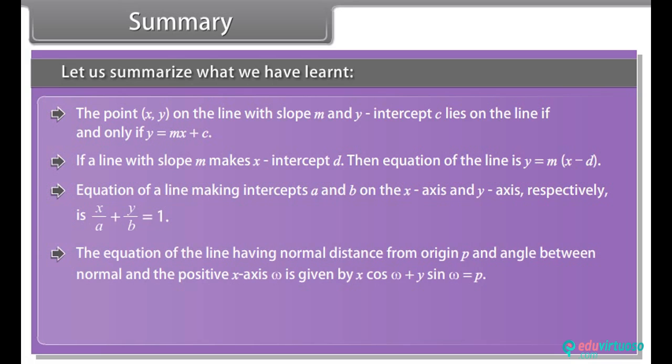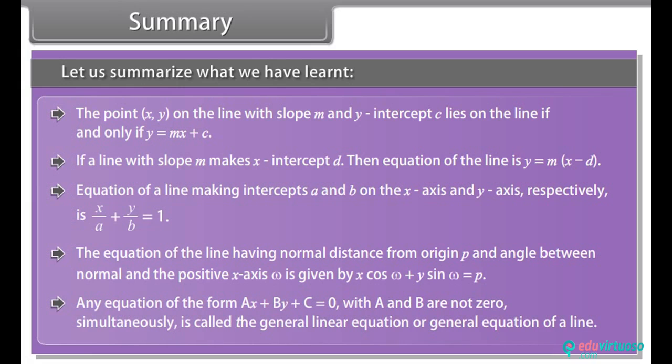The equation of the line having normal distance from origin p, and angle between normal and the positive x-axis omega, is given by x cos omega + y sin omega = p. Any equation of the form ax + by + c = 0, with a and b not 0 simultaneously, is called the general linear equation or general equation of a line.